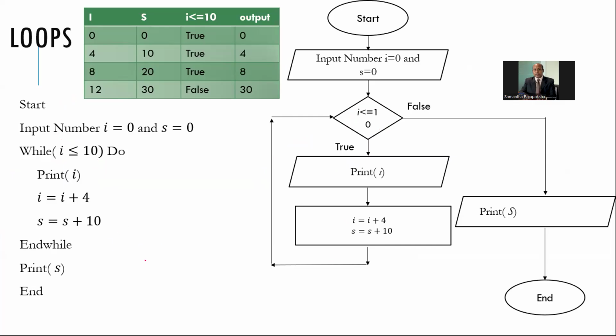Initially, I and S are 0. That's what is set here, these two values. And then you come to the condition and check the condition. You can see initially I is 0, so this condition is true. If it is true, print I. What is I? I is 0. That's the first output here.